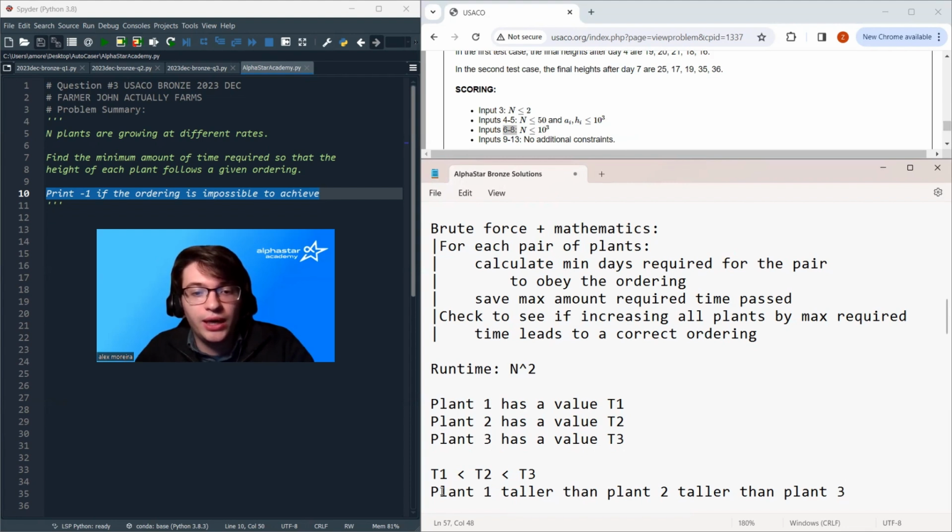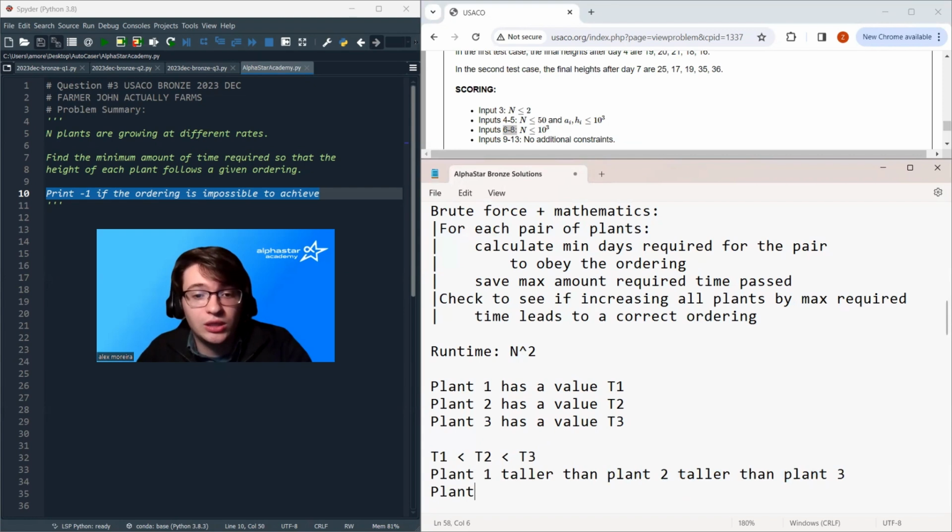So if I check that plant 1 is taller than plant 2, and I check that plant 2 is taller than plant 3, then I know that I get this ordering without having to check the pair plant 1 is taller than plant 3, right?